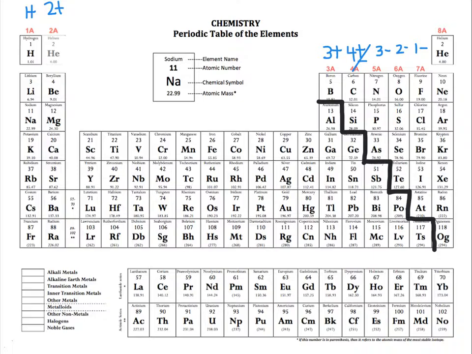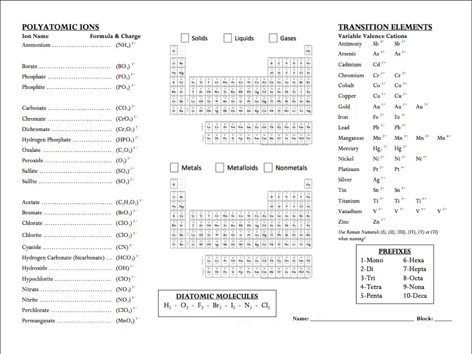Now I have everything I need on the front of my periodic table to be able to write compound formulas. On the back, I've also provided some information. Look on the left, you have your polyatomic ions, and they already have their charges listed. Again, this is the exact same table you have available to you on our Canvas page.